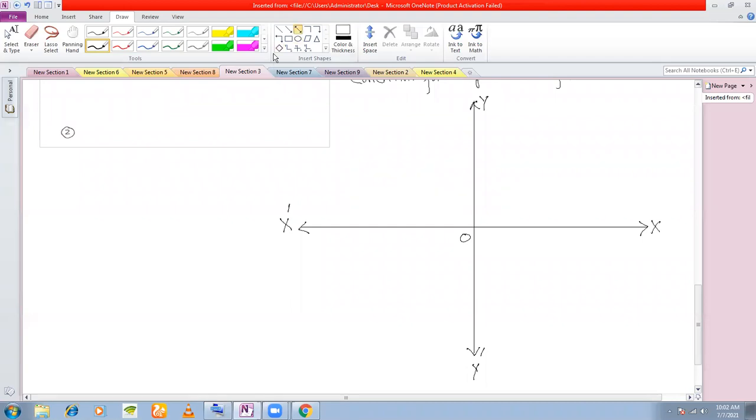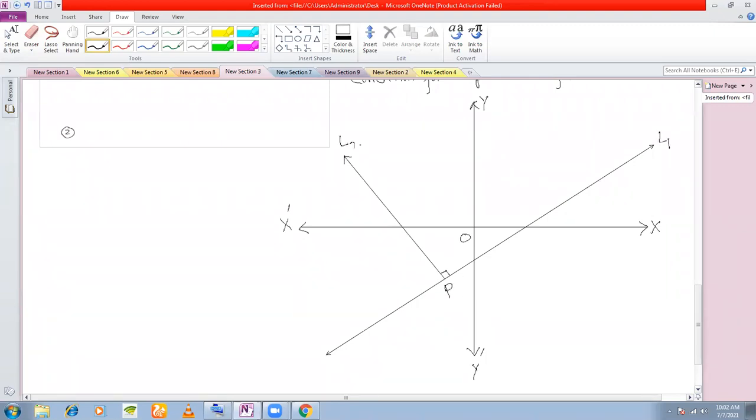This is the condition for perpendicularity. A straight line and say another straight line you have that is perpendicular to this straight line. Okay, let's call this point M. Let's call this point P. Let's call this line L1.